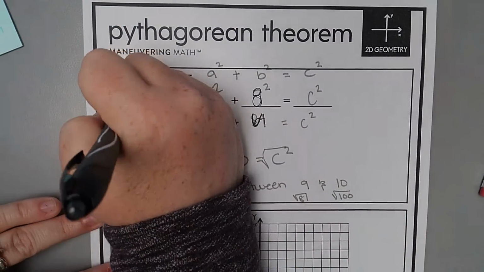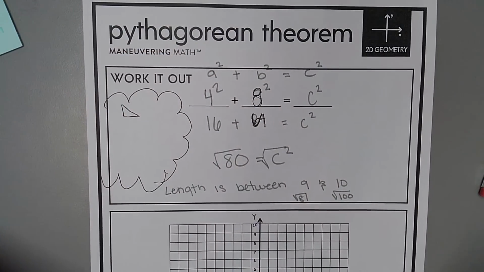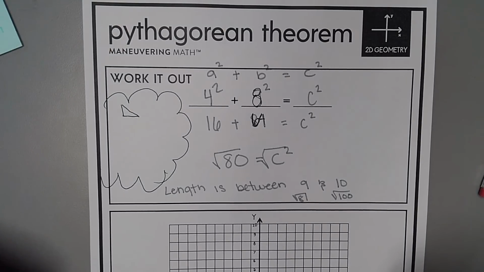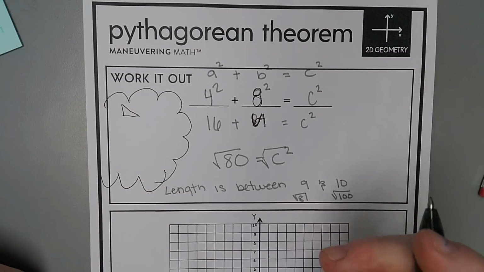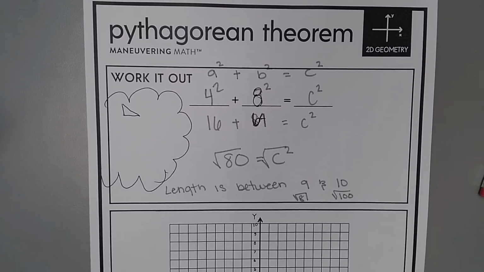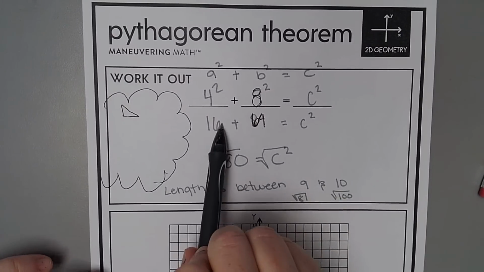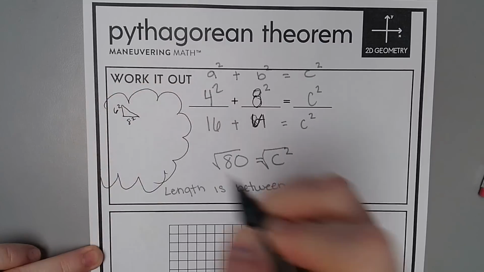If I were to have a triangle where the numbers were perfect, we can't use the one from the front where it was 3, 4, and 5. We could go with what I was trying to go with here, where it would be 6 squared and 8 squared.